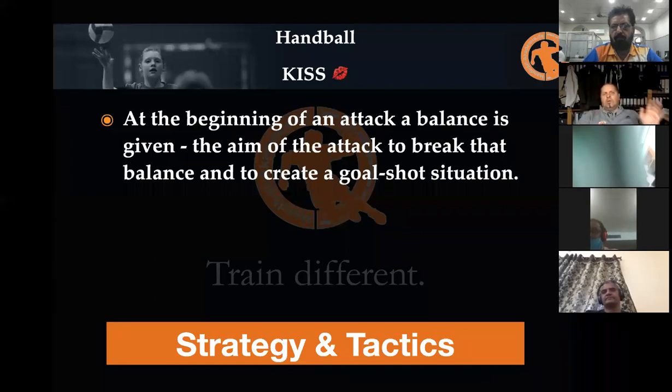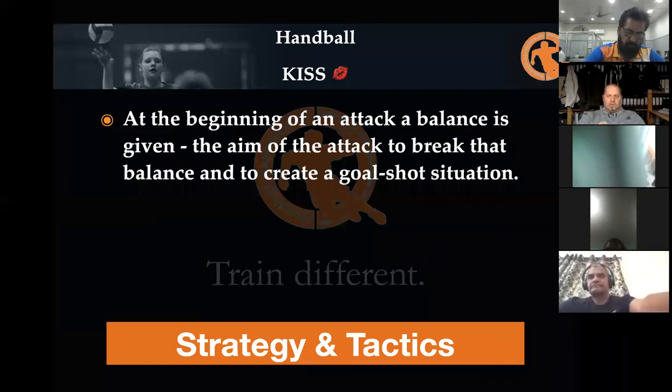But in that moment, the attackers have to stop, and a kind of balance is given. And then in these balanced situations, maybe the attackers can circulate the ball, but they cannot easily score because they are not in a good position for a goal shot. So the attackers have to break that balance and create a good goal shot situation.